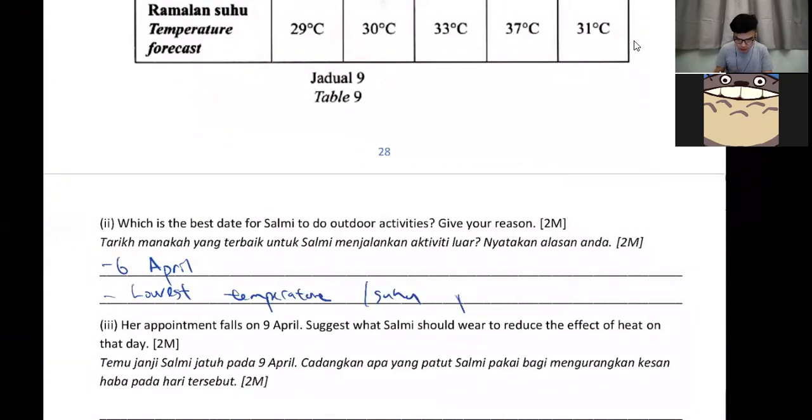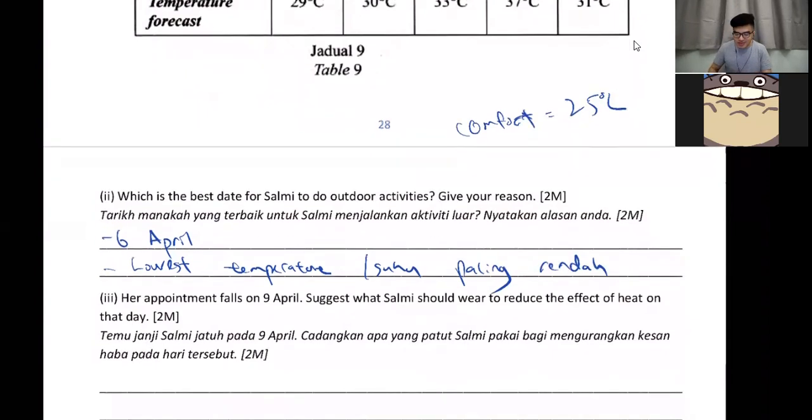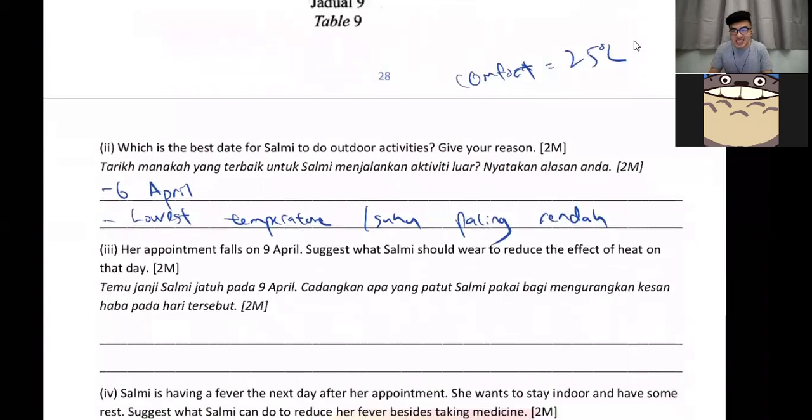Okay, suhu paling rendah. Oh, fun fact, our comfort temperature is 25. So you should put your aircon at 25. I don't know lah, for me, 25 is a little bit cold already. If my aircon is 25, I'm a little bit shaking. Okay, 26 is my 26, 27 is a comfortable aircon temperature. If you need to put it at 16, seriously go and service your aircon.